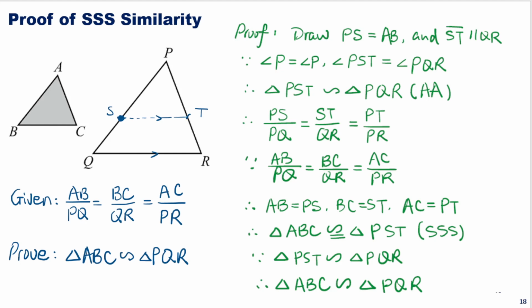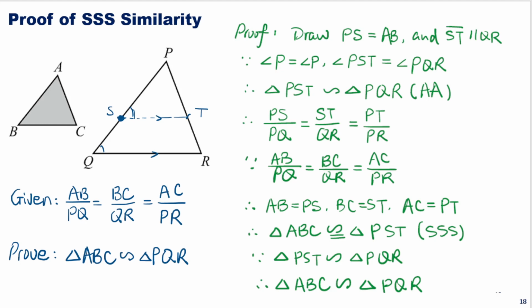Use only a straight edge and a compass. And because angle P equals angle P, angle PST equals angle PQR. This is according to a pair of parallel lines. We have triangle PST similar to triangle PQR by AA similarity. Therefore, corresponding parts are proportional, which means PS over PQ equals ST over QR equals PT over PR, right?